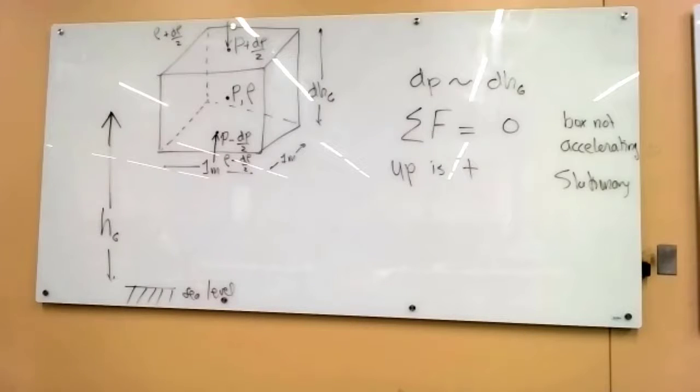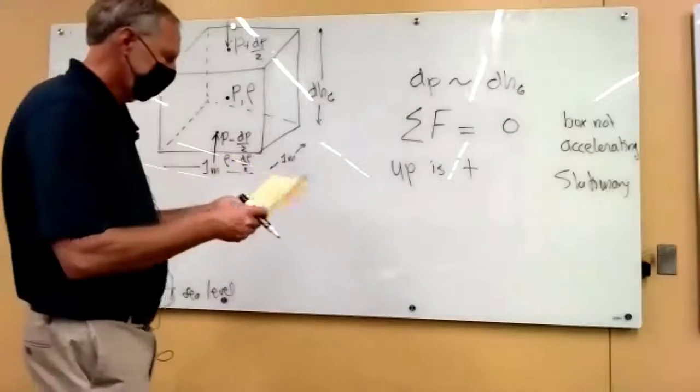So far, so good, right? We have a box, contains air, its density is rho. We're going to calculate the mass times gravity. We're going to calculate force on the top, force on the bottom. That's easy because we know pressure. Pressure is force per unit area, right? So let's do that.